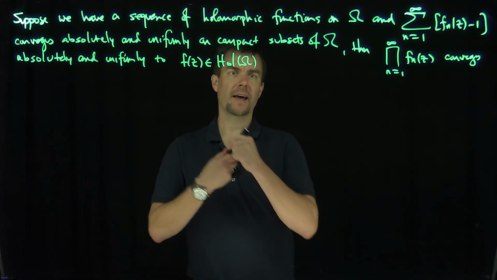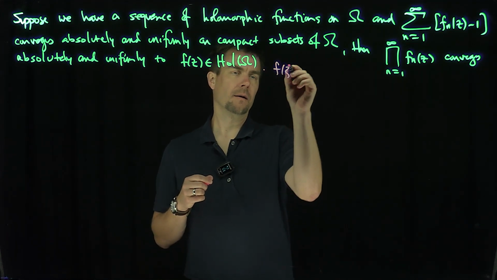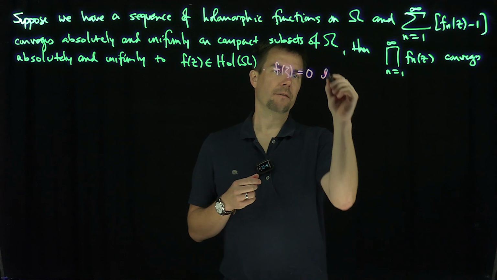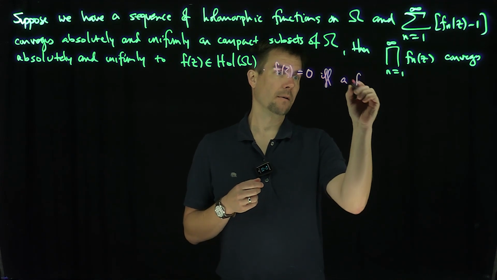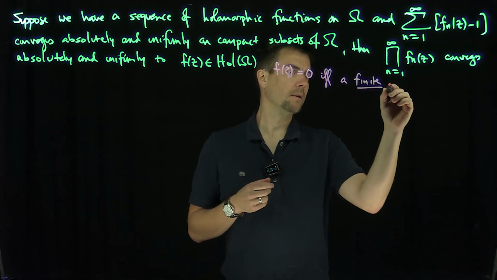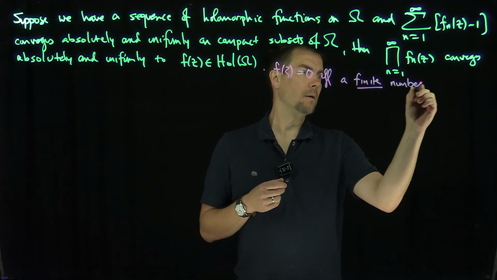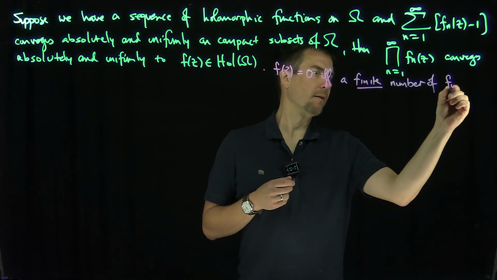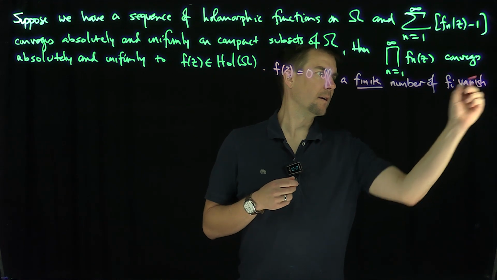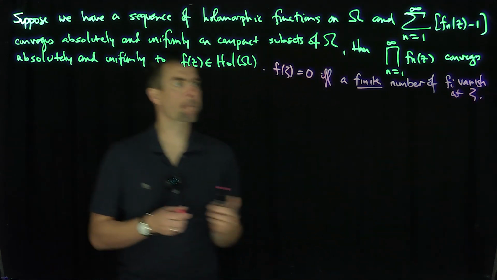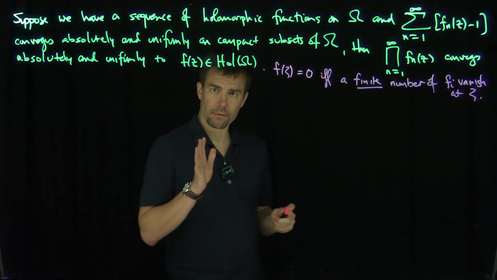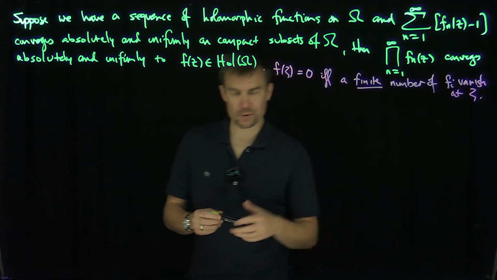And f of zeta equals 0 if and only if a finite number, and that's important, it's a finite number of fi vanish there at zeta. Excellent, okay? So the proof comes down to a couple of elementary lemmas, right?